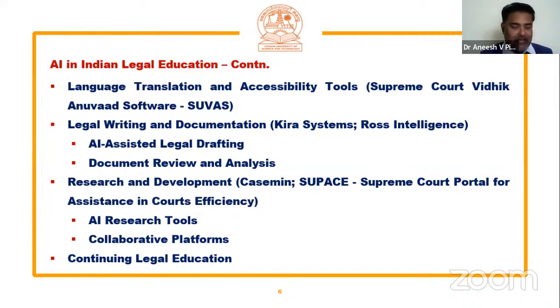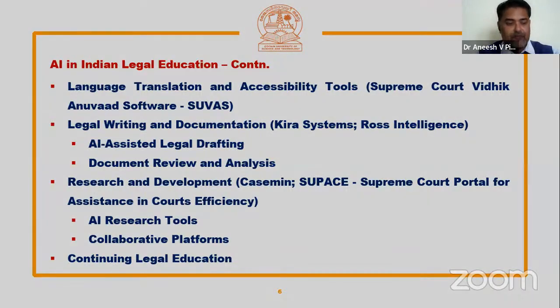Now they may not be that up to date about the developments on the criminal side. So with the help of AI tools, a person can easily get the idea about the latest updates in that particular field. So that way, it can significantly influence continuing legal education.